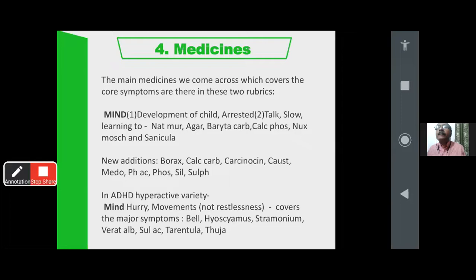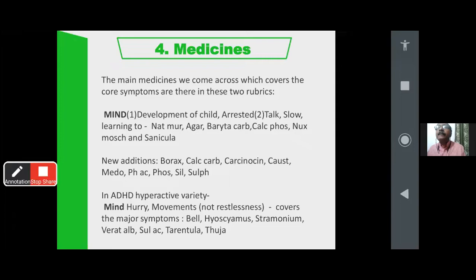If you look at the Kent repertory, the medicines are agaricus, baryta carb, calcarea phos, natrum mur, phosphorus and sanicula. After synthesis, it adds borax, calcarea carb, carcinosin, causticum, medorrhinum, phosphoric acid, silicea, and sulphur. These form the major medicines for the core symptoms.